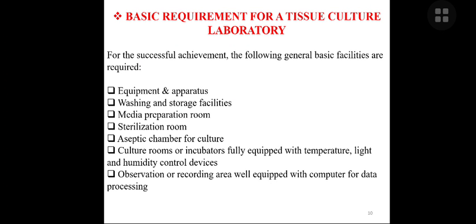Mostly these culture rooms are equipped with air conditioning and provided with UV light for disinfection. Then an observation or recording area well equipped with a computer for data entry.